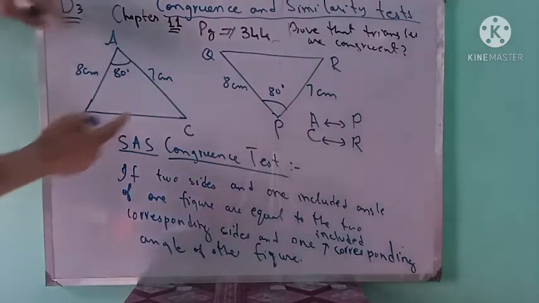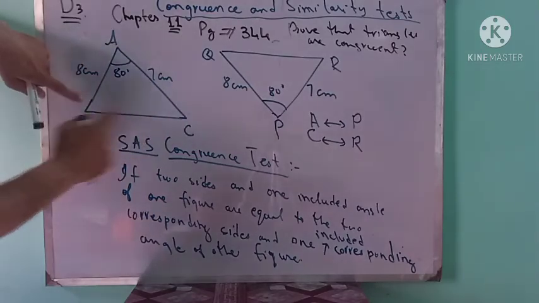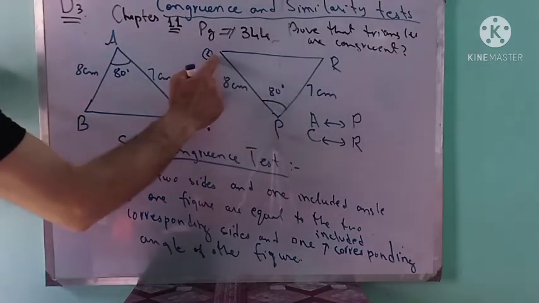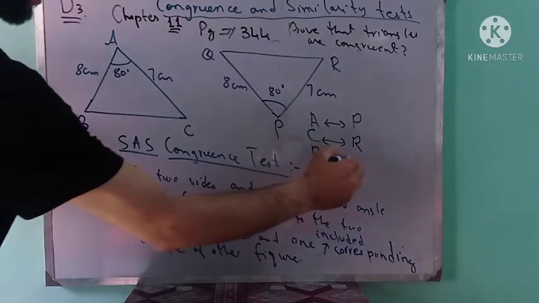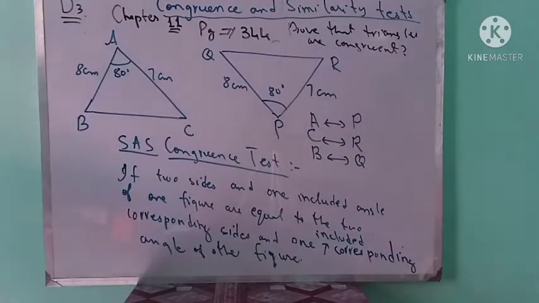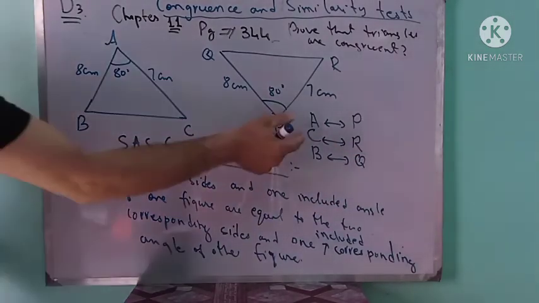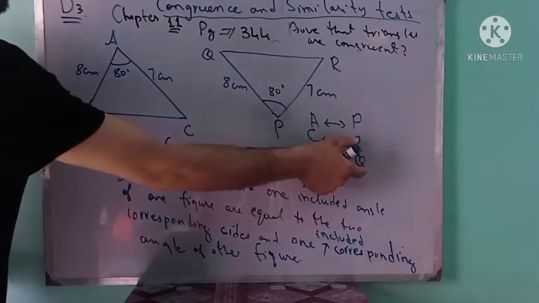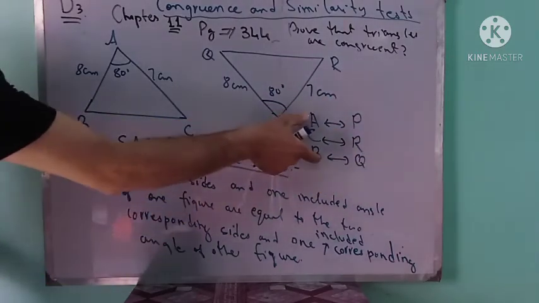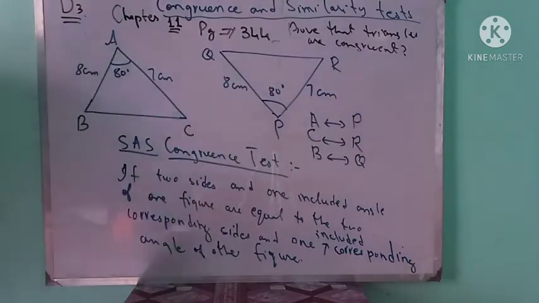And in front of 7 there is B. Here in front of 7 there is Q. So B and Q are the corresponding vertices. So now AC and PR are the corresponding sides, CB and RQ are the corresponding sides, AB and PQ are the corresponding sides, right?